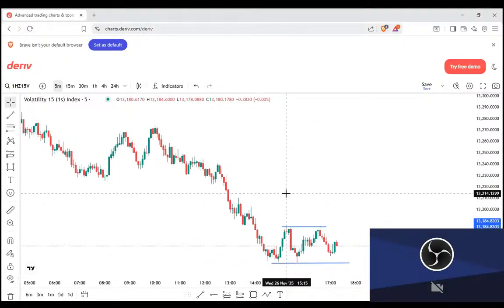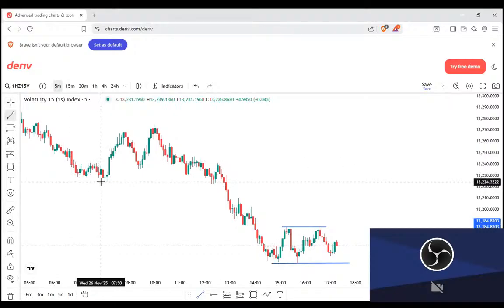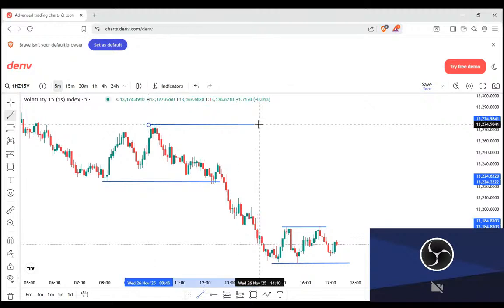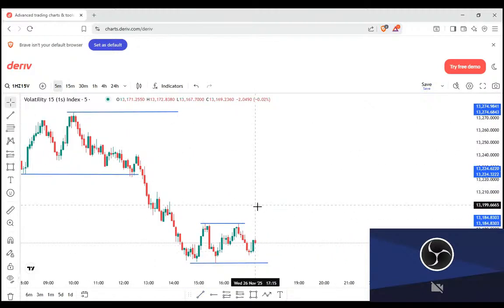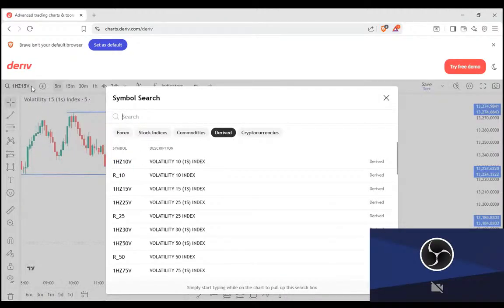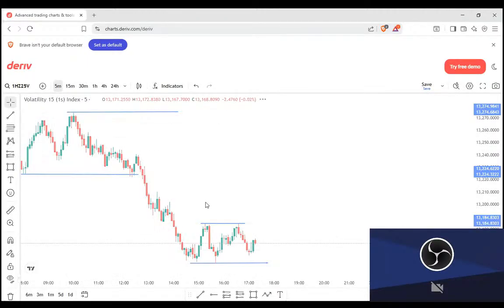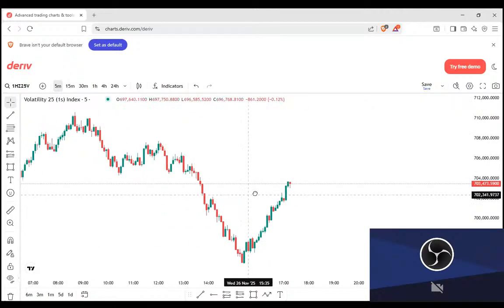This is currently the 5 minutes time frame. If price gives us any break, that is telling us that we are shifting directions.